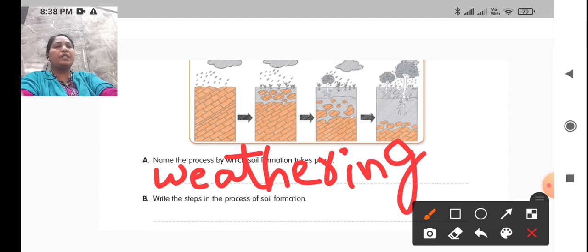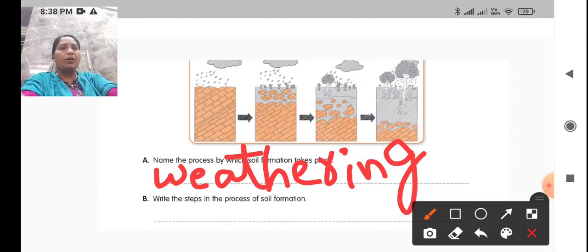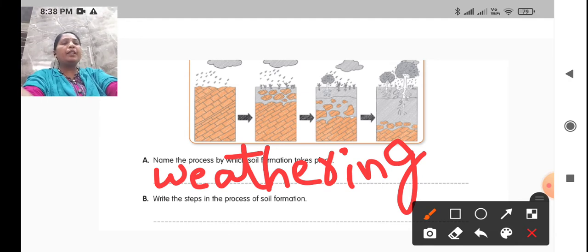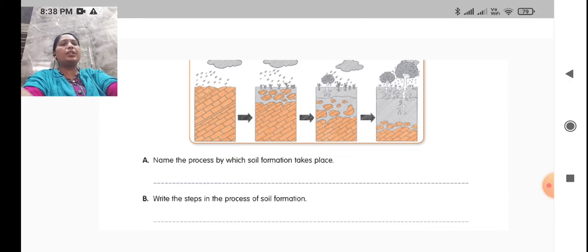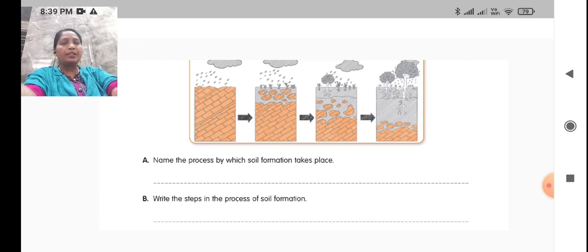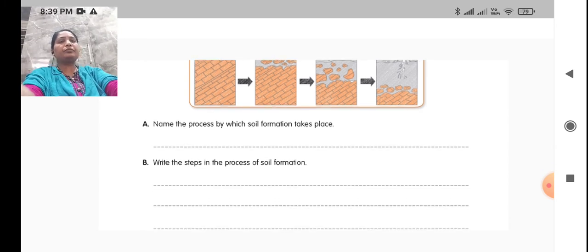Weathering is the process by which soil formation takes place. Here I am just helping you, children. It's a keyword for you. You must use your sense and use the word which I gave you as a keyword and complete the answer.